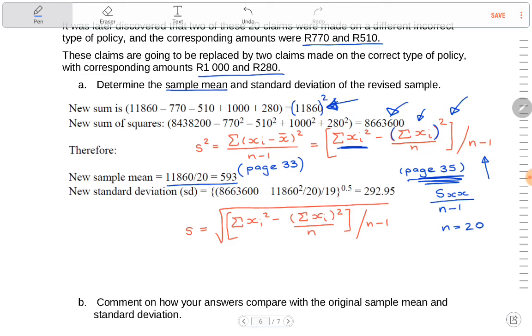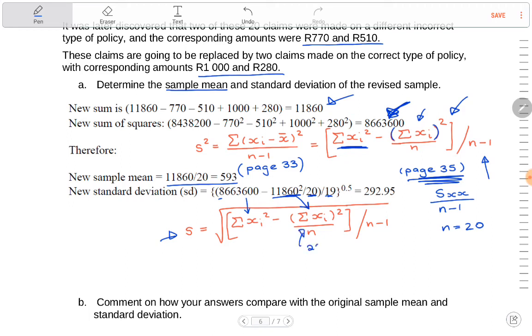Okay, so now if we substitute in there, this is my 8,663,660. It's coming from here. Sorry, it's a bit messy. And then we square that summation, which is coming from here. And then there's the 20, because remember there's an n inside here first.